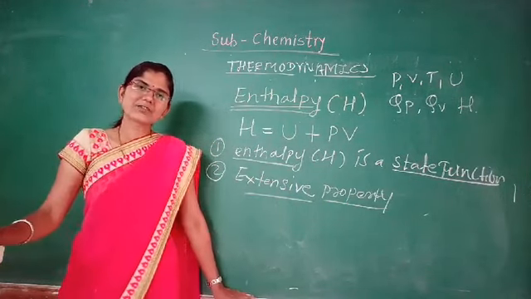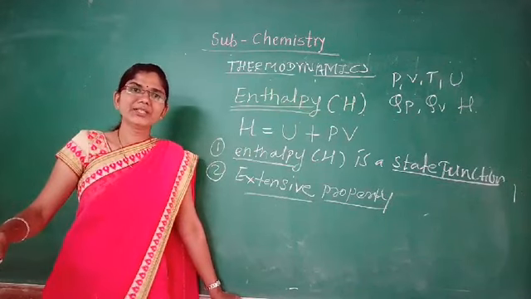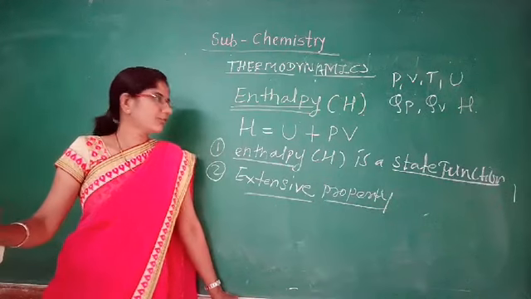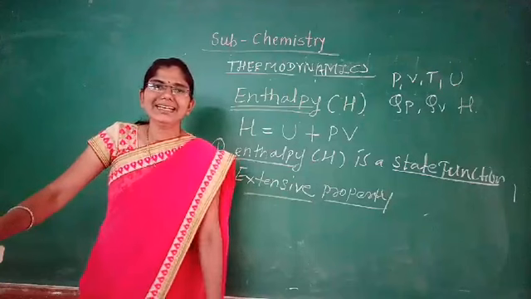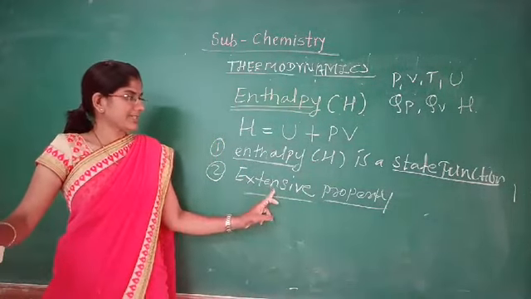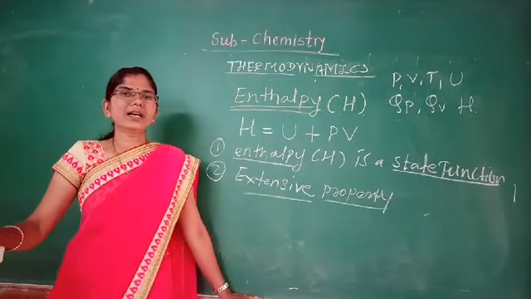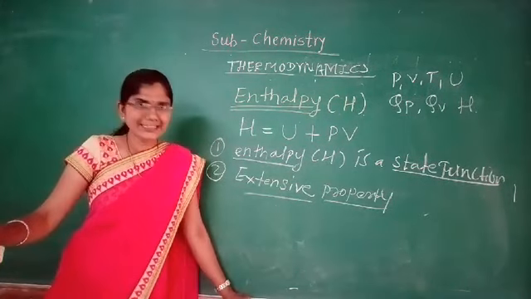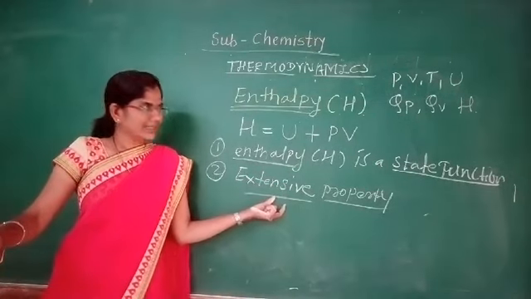The properties of a system whose magnitude depends on the amount of matter present in it are called extensive properties. And enthalpy is an extensive property, meaning its value depends on the amount of matter present in it. And therefore these are the two properties of enthalpy.